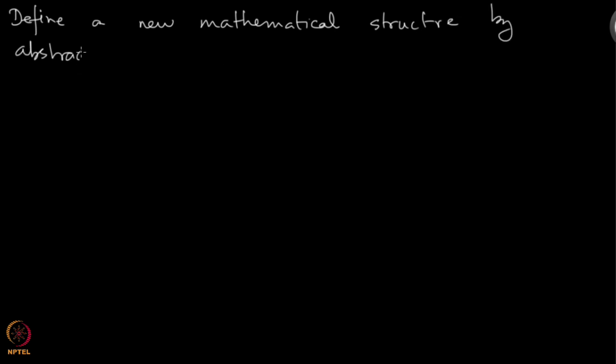New meaning, in terms of this course, what we are doing here; it's a highly developed subject, as we will see in a moment. I define a new mathematical structure by abstracting out the basic observations that we have made.